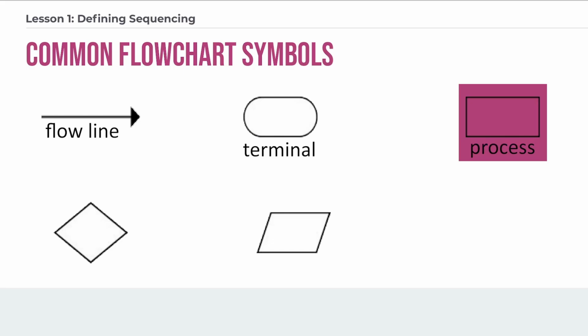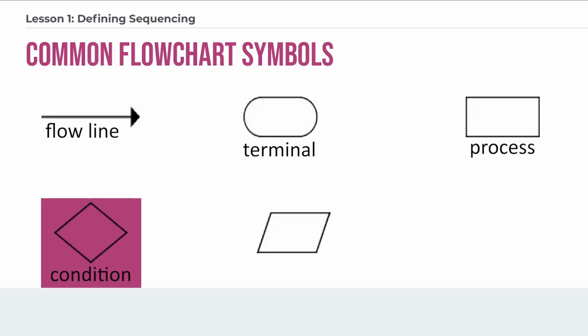All right, and then we have the diamond shape, and that is going to show when there is a condition, which way the logic will flow in the program based on what the result of the condition is.